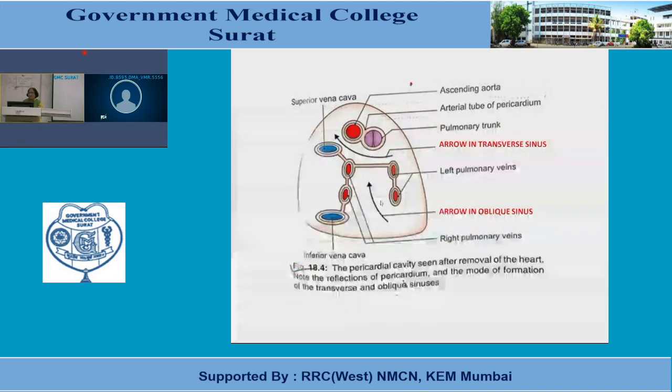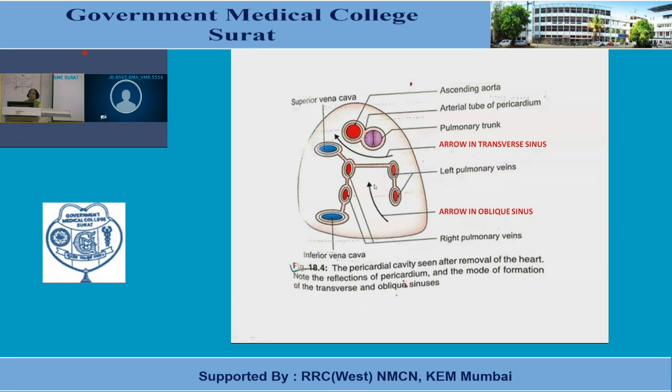When you introduce the finger here between these, that is called the oblique sinus. I hope you understand nicely. Transversely, introducing the finger between the ascending aorta and pulmonary trunk, that is the transverse sinus, and here is the oblique sinus in the inverted J.